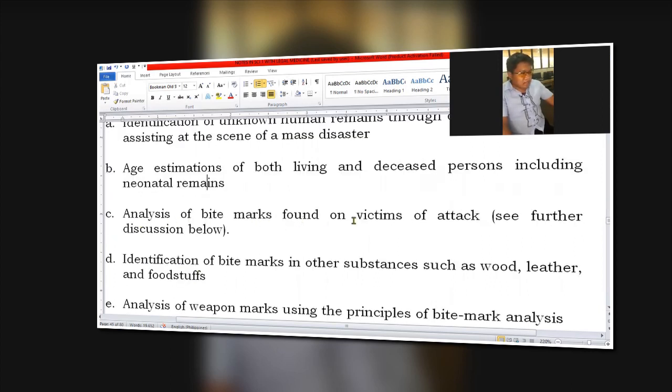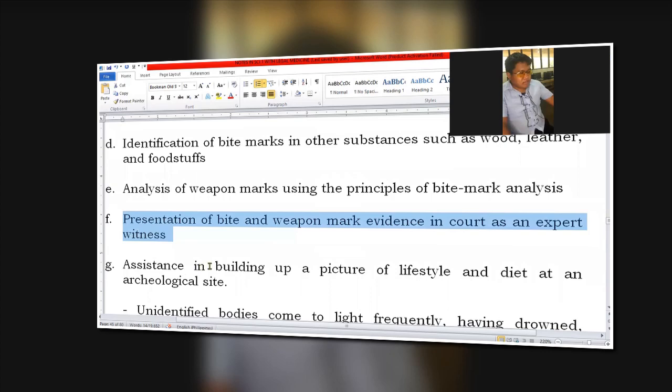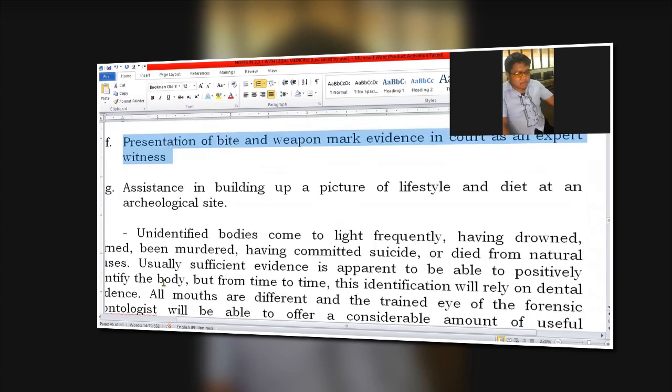Analysis of bite marks found on victims of attack. That is a function of the odontologist. Identification of bite marks in other substances such as wood, leather, and foodstuffs. Analysis of weapon marks using the principles of bite mark analysis. Presentation of bite and weapon mark evidence in court as an expert witness. Assistance in building up a picture of lifestyle and diet of an archaeological site.